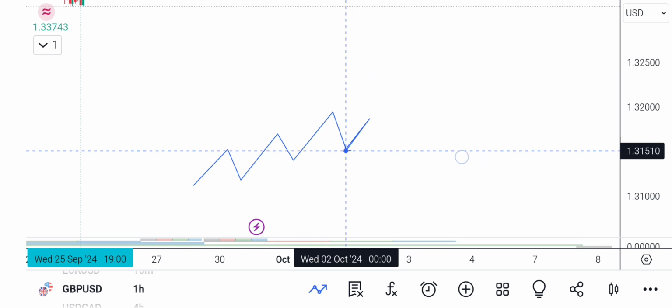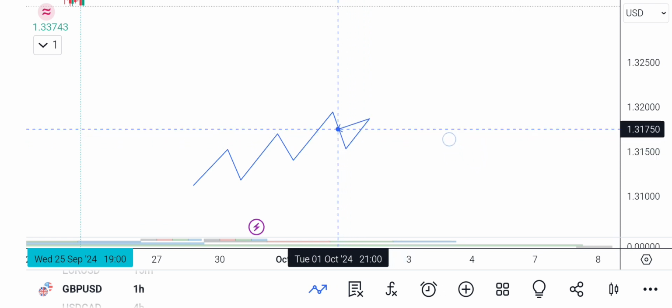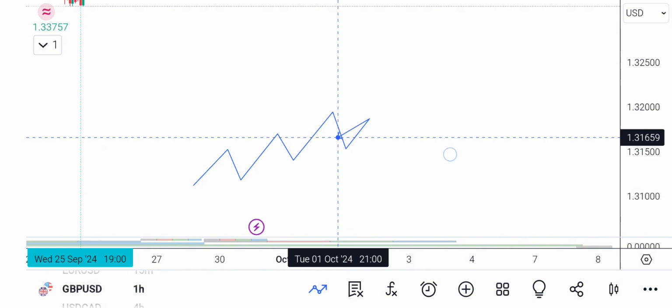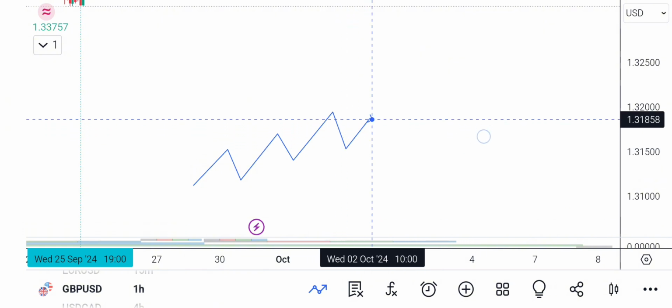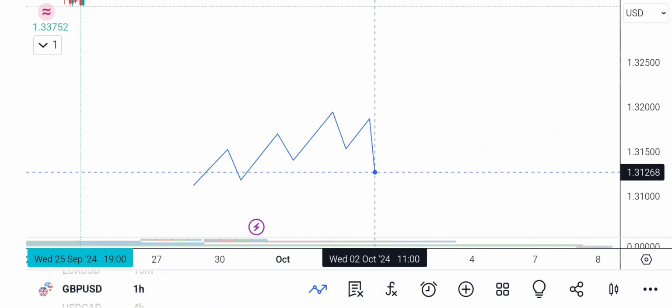We are going to pay attention to the last sell candle that occurred prior to this buy, and that last sell candle is going to be our mitigation block.